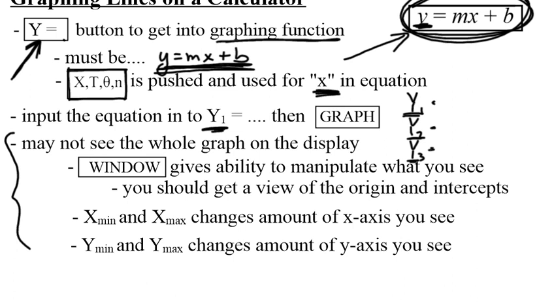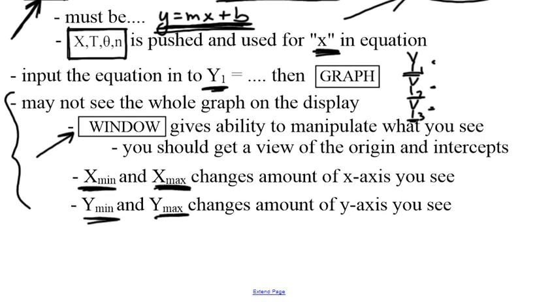Sometimes you won't see the whole graph, or more importantly, you won't see the intercepts. Intercepts are important. The window button helps you to change what you see. You don't want to change a lot in there, but there's something that says x min, x max, y min, y max. Those are the key parts to changing settings.